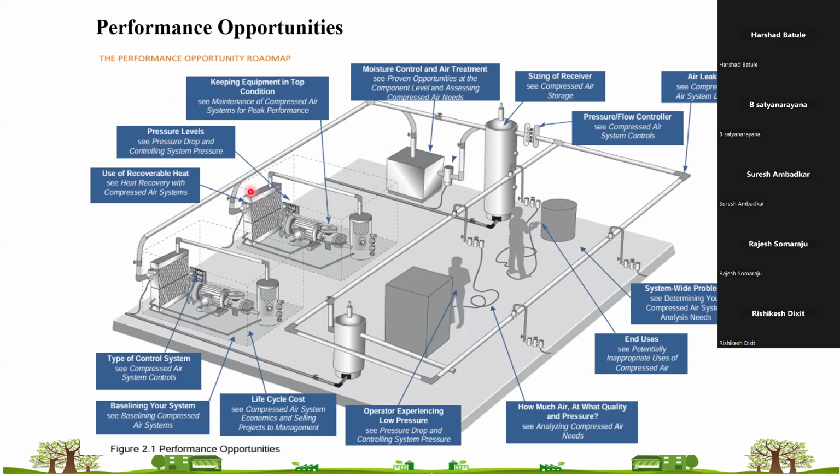Any desuperheater or heat recovery salesperson can come and you can buy it from him, but you have to correlate it with your usage point, and that is how you can differentiate: we have integrated both the systems, and we are seeing the entire energy saving as an entire system, not as an independent equipment.